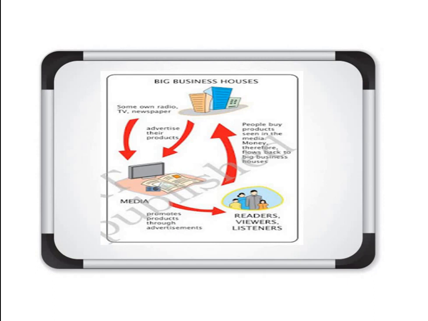Now this picture is actually given in your book also. One question is given there, with this diagram, asking what is the link between big business houses and media. You can see in the picture, on the top the big business houses are shown, and through different means of media, the advertisement of their products is done. Media promote their different products through advertisement to the viewers, listeners or readers, and these viewers, listeners and readers then purchase those things.